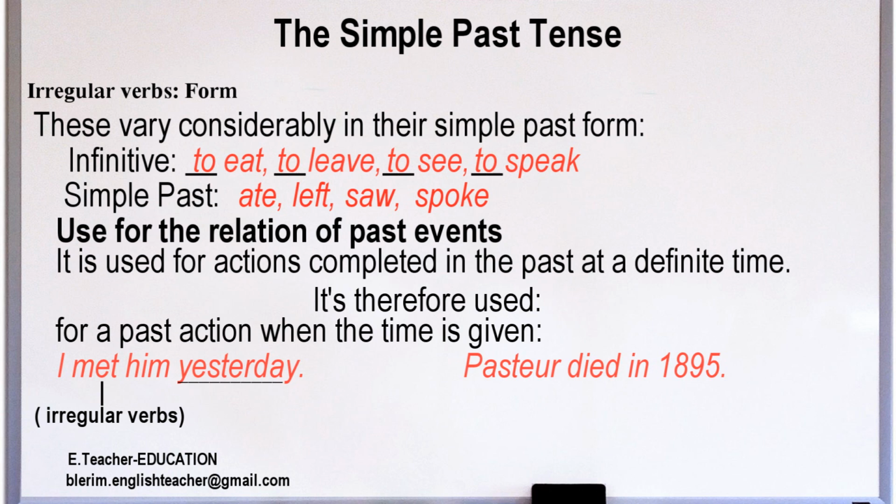And the second one, died is the past of a regular verb, and the time given is 1895. So here we have two different verbs, and the first one, met, is an irregular verb, and the second one, died, is a regular verb.